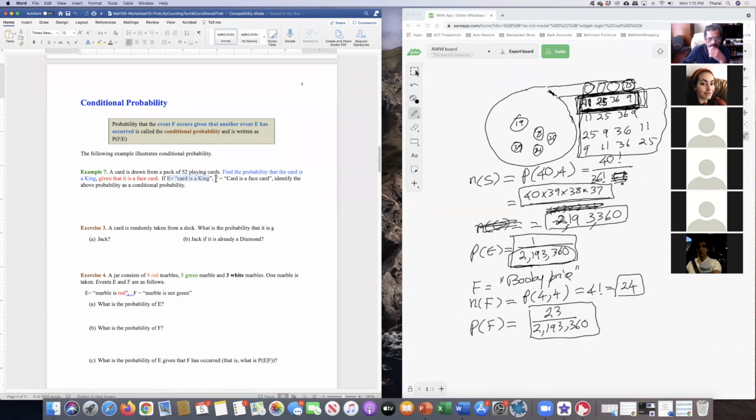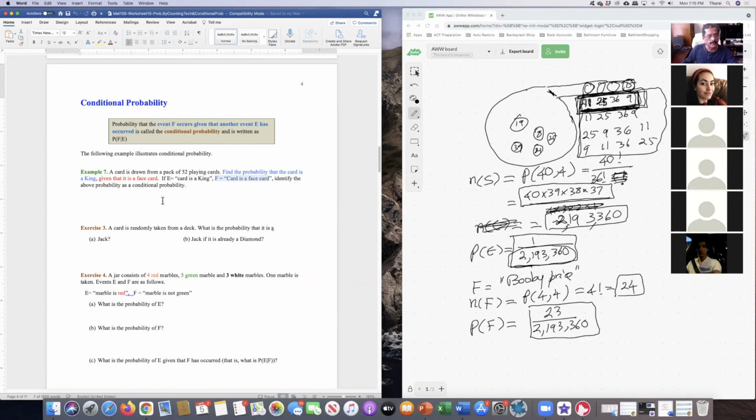But I'm going to get to the probability. Let me define the event E as card is a king, and define the event F as card is a face card. Then how do we identify this question?